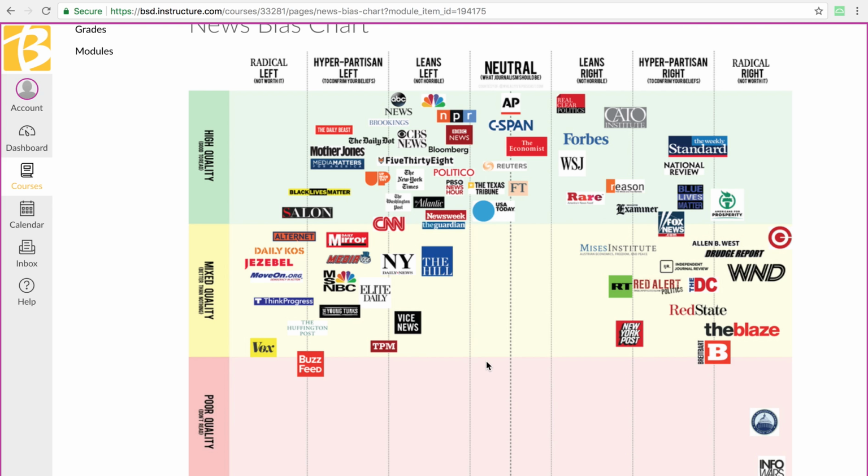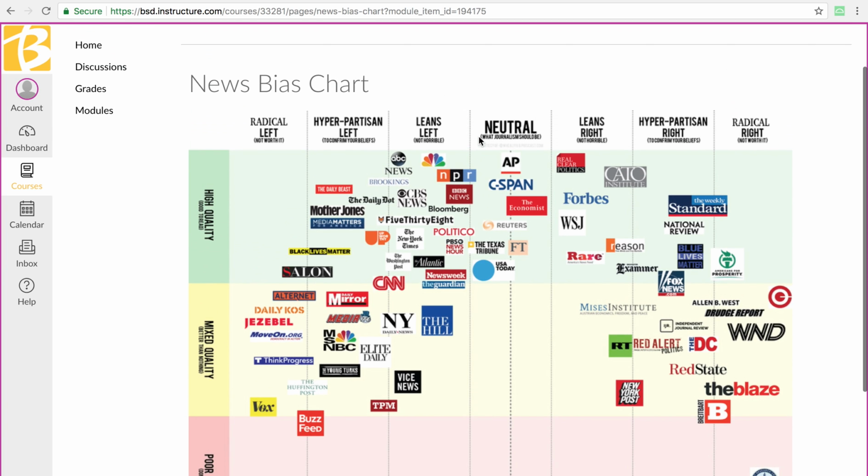Okay? So what you're going to be doing is looking at some particular newsworthy topic, and I'm going to have you examine that topic while looking at 3 different sources, and each of these sources is going to be from one of these 3 generalized sections of where the news media lies.